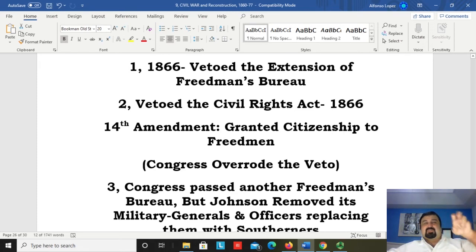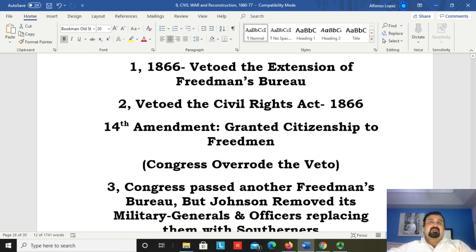Whenever there's a two-thirds majority in both the House of Representatives and the Senate, they can actually override the veto of the president. And that's exactly what they're now doing. Congress is now going to initiate new bills, knowing very well that Johnson is going to veto them, and they're going to simply override Johnson's veto.